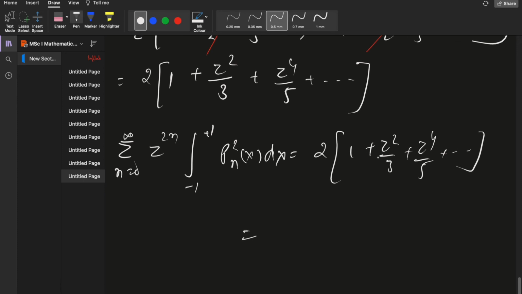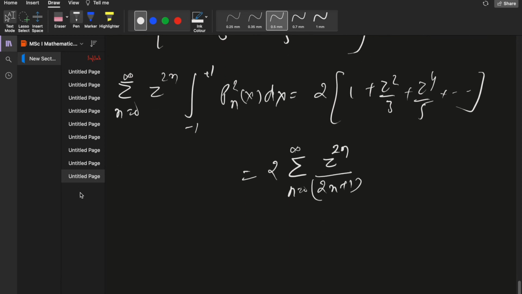So if I write this in summation form, we will have 2 times the summation n from 0 to infinity, z to the power. These are in even powers 2, 4, 6, so we will have 2n, and the denominator is an odd number, so we will have 2n plus 1. Good.